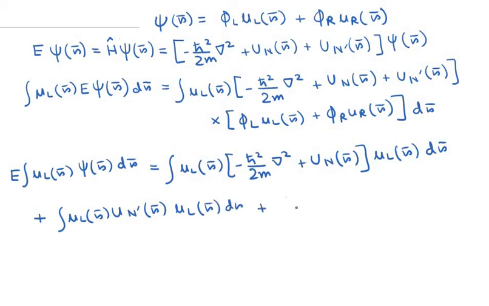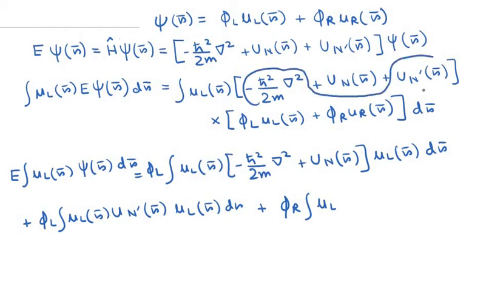plus, we have a phi L over here, actually phi L, here also we have a phi L because of this phi L over here, plus phi R times the integral of u L, then note that this part is basically the Hamiltonian of the right isolated atom.